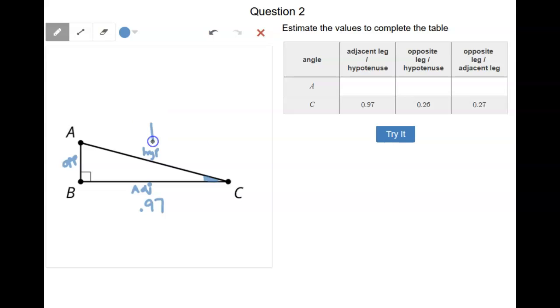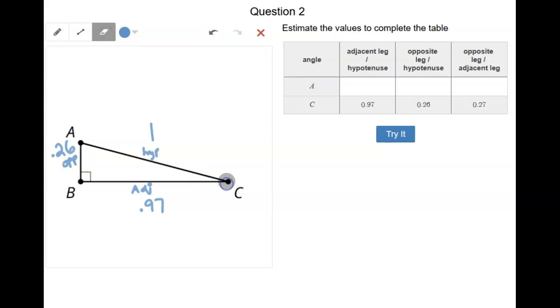The hypotenuse is 1 because if we take 0.97 divided by 1, we get 0.97. If we take the opposite over the hypotenuse, we know that the hypotenuse is 1, so the opposite would be 0.26.